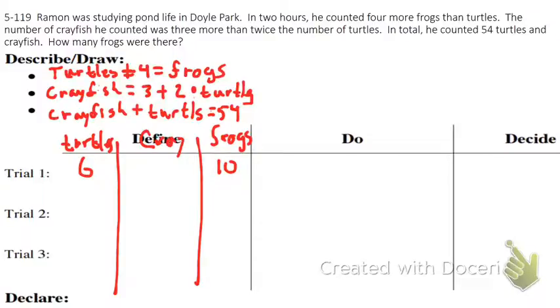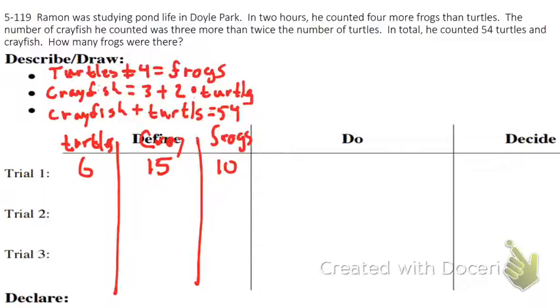Now if turtles are at 6, then we also know that crayfish is 3 more than twice the number of turtles, so twice 6 is 12, 3 more would be 15, so we would have 15 crayfish.